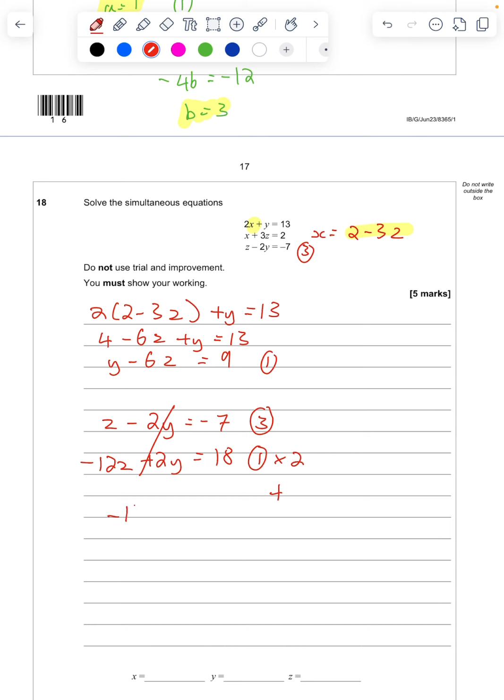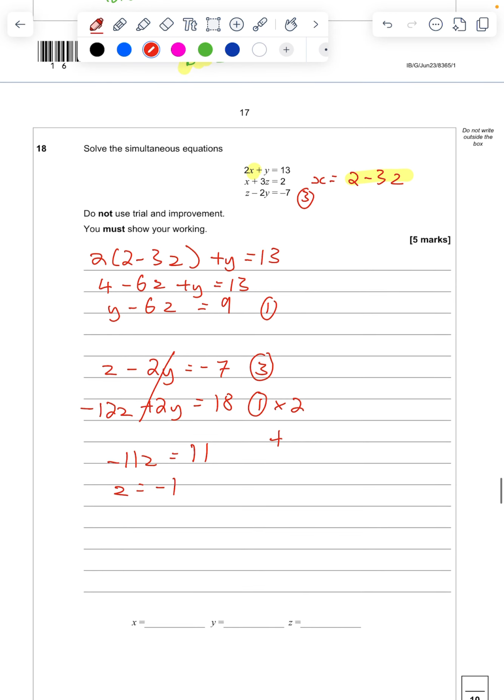So I'm going to be getting minus 11z is equal to, what's that going to go to? Crikey. Minus 7 add 18 is 11, which works out nicely, doesn't it? So z must be minus 1.